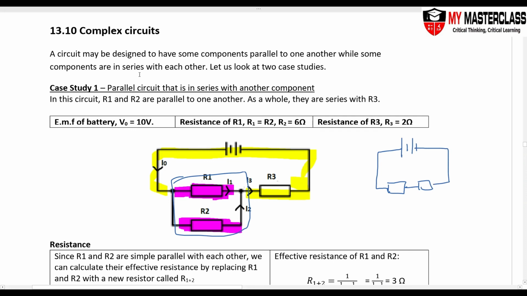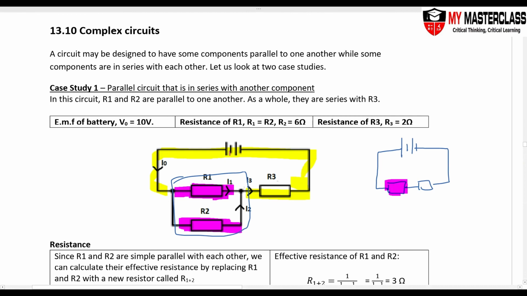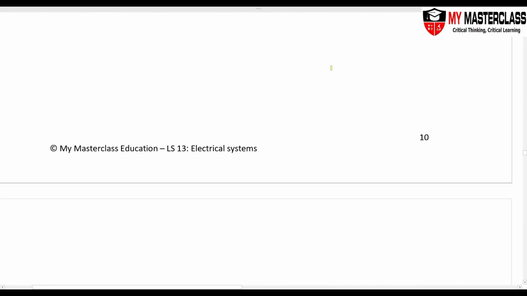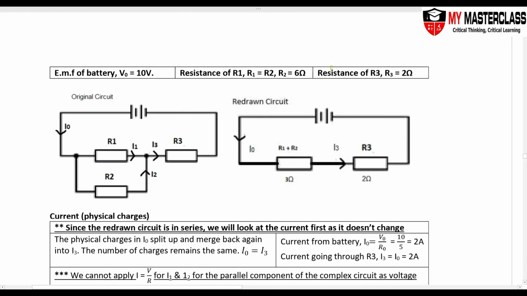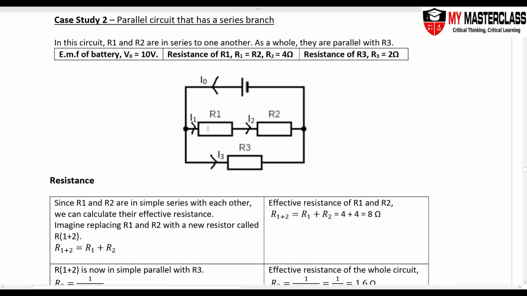Okay, so the purple part is in series with the rest of the parts, the yellow parts. So this is the purple part, and the rest of it is still the yellow part. And the next example is here, having a series branch inside a parallel circuit.